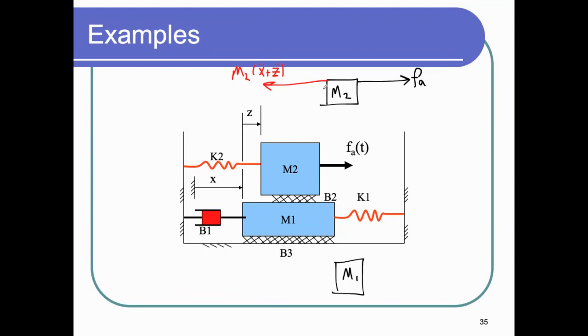Okay, so we have the inertial force to the left. We also have a force due to the spring. What is that force? It is K2 what? K2 x plus z, right? No. Why not? Sorry, this is M2, not M1.